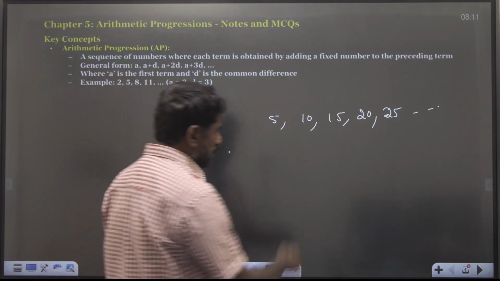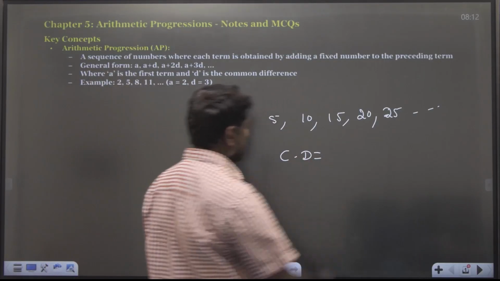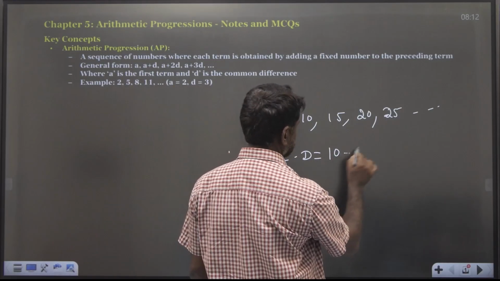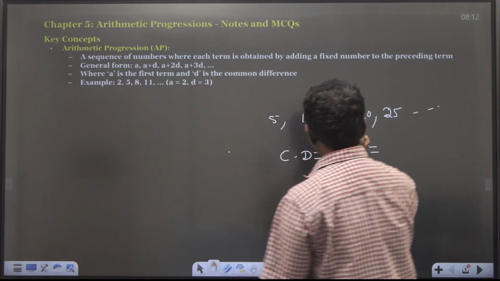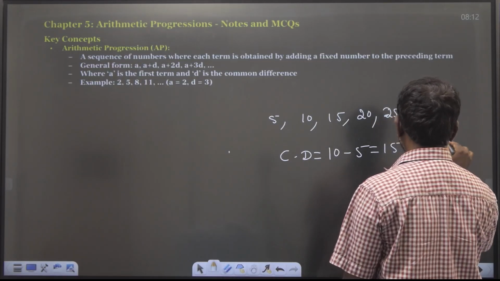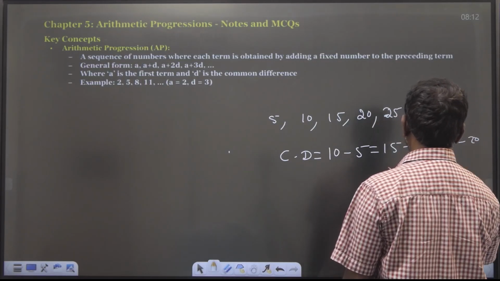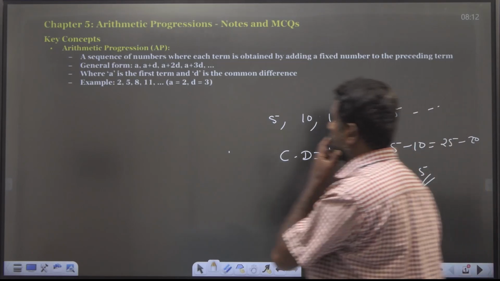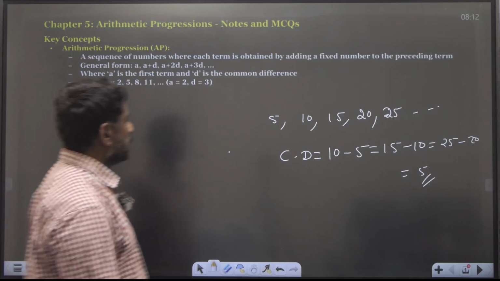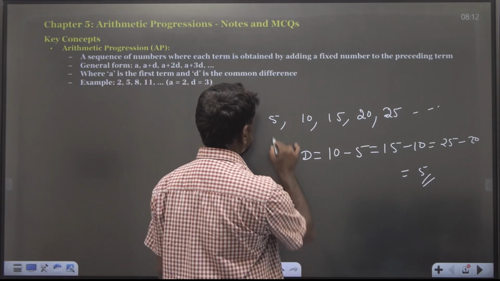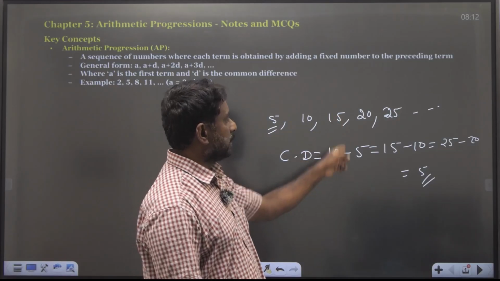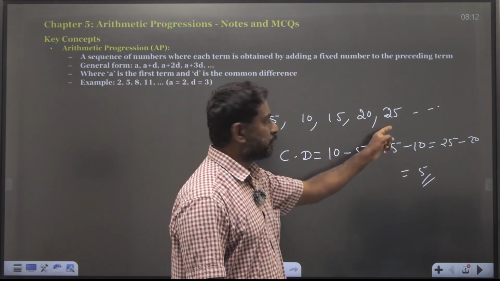What is the common difference? 10 minus 5, or 15 minus 10, or 25 minus 20, all equal to 5. Here 5 is the common difference. And what is the first term? This is the first term, this is the second term, this is the third term, this is the fourth term, this is the fifth term, etc.